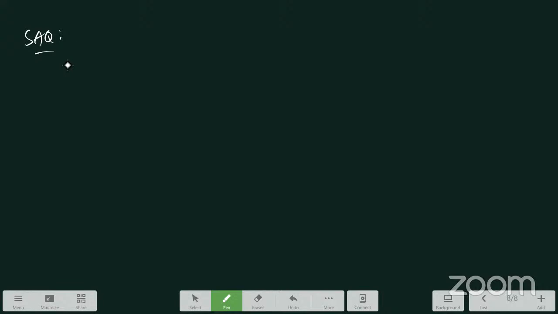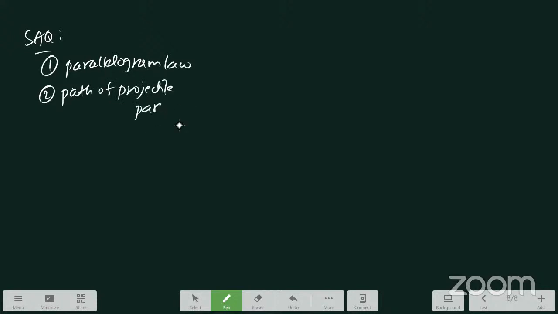SAQs. Number 1: state and explain parallelogram law. Next one, path of projectile, parabola.